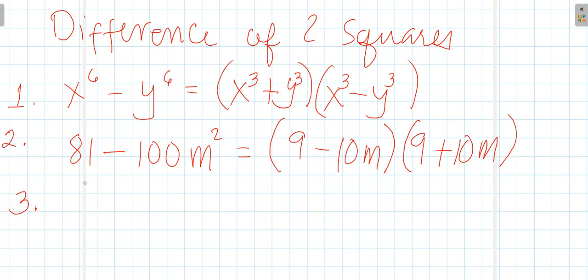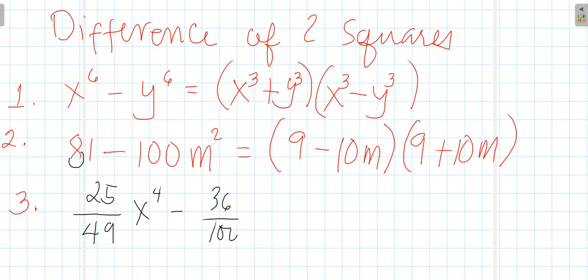How about if you have a fraction, let's say for example, okay, 25 over 49 x to the 4th minus 36 over 100 y to the 4th.